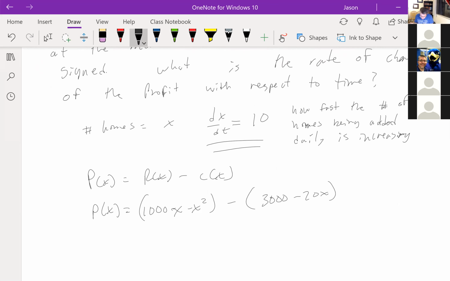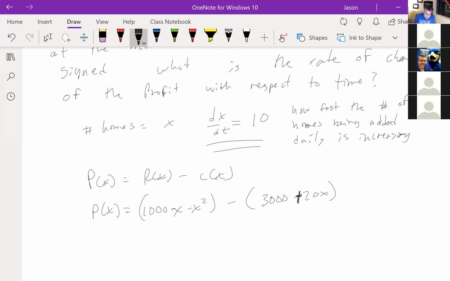So that's the cost: 3,000 minus 20 times x, where x is the number of homes. And again, I screwed up. This is plus. Okay, I think we're good now.